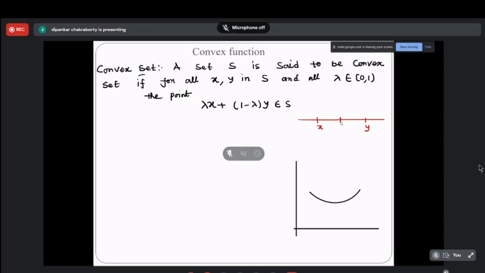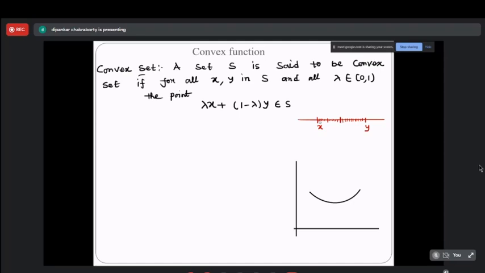Now, if you take another value of lambda between 0 and 1, suppose 1 by 3, then you are always going to get a value here. And for every value of lambda between 0 and 1, you are going to get each and every point in this interval x and y. Right or wrong? If you consider every possible value of lambda between 0 and 1, then you get every point in this interval x to y. Right?